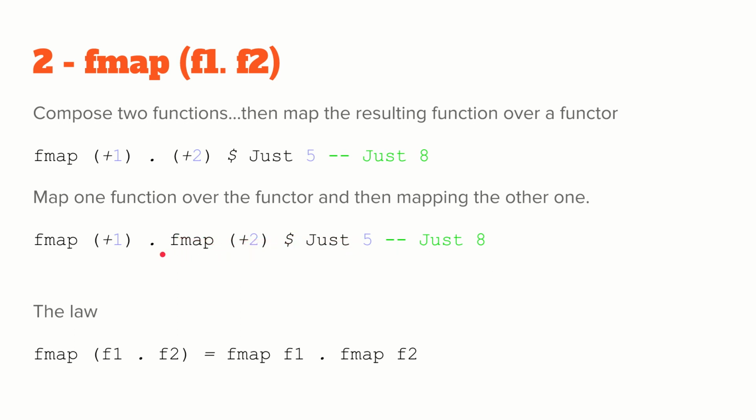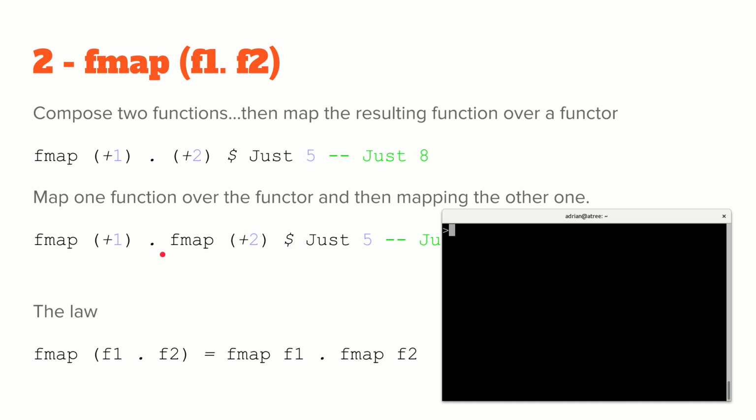So let's just do that actually. It's a bit easier to look at. Fmap plus 2, just 5. We get just 7. So that's one side of this expression here. Then if we do fmap plus 1, just 7.